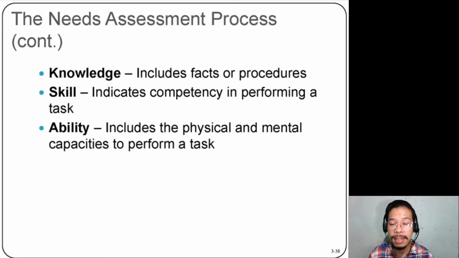So ability is the capacity, skill is the competency, right? Like how much skill is needed? And ability is how can we do a specific task? And knowledge is the basis in doing the skill and the abilities, right?